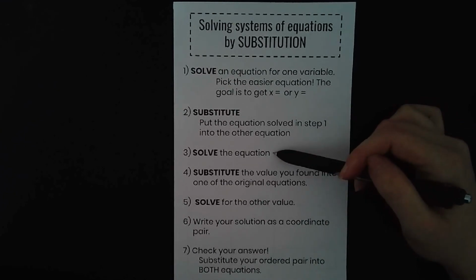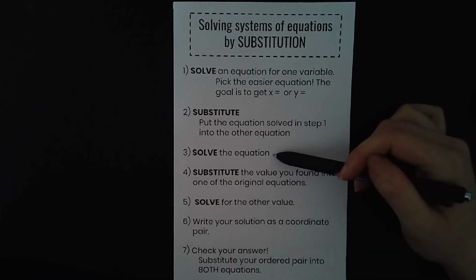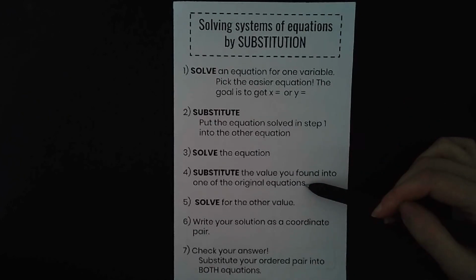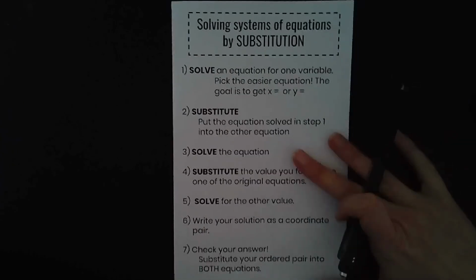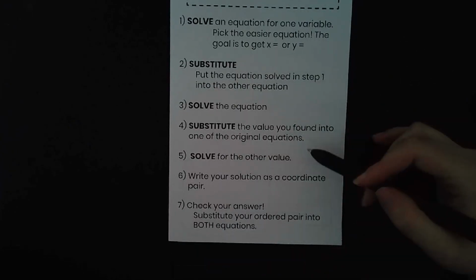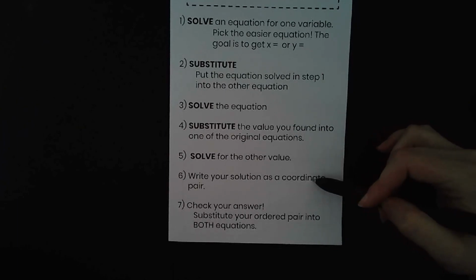Then we'll be able to solve that equation, and we'll find out that like x equals 5 or y equals 7, we'll get an answer. Once we have the first half of our answer, we can substitute that value back into one of those equations and then solve for the other value. And our final step is to write our solution as a coordinate pair.